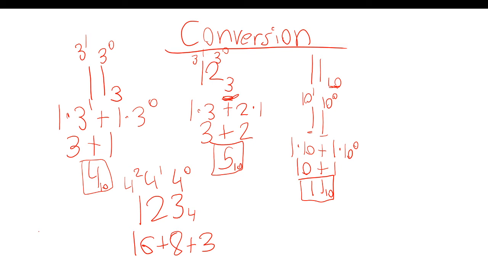And you can check this throughout the multiplication. Make sure your answer is right. 16, 8, over here we have 3. Now 8 plus 3 is 11, and now we have 16 plus 11, because we can move things around with the commutative property.